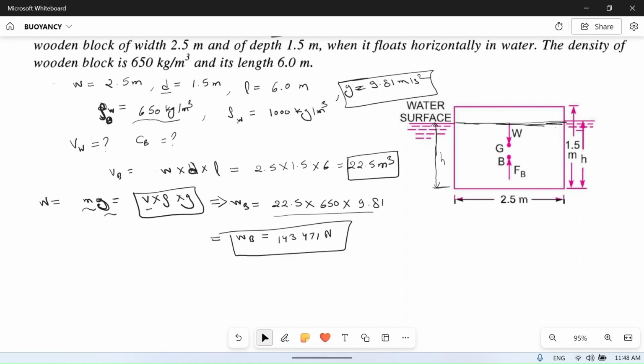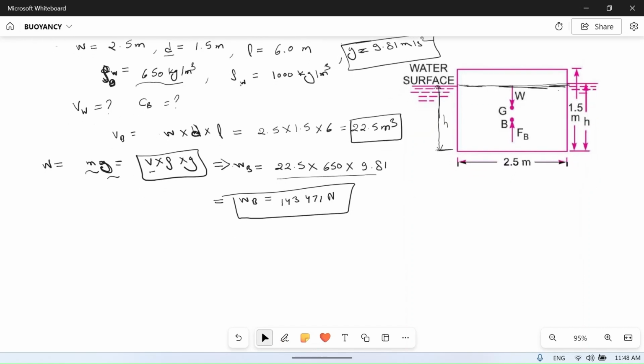Now this is already floating. It means the weight of block is equal to the weight of water which is displaced. If it was completely submerged up to here, suppose water was up to here, then we could consider depth of block is equal to the volume of water which is displaced up to 1.5 meter. But it is already floating here.